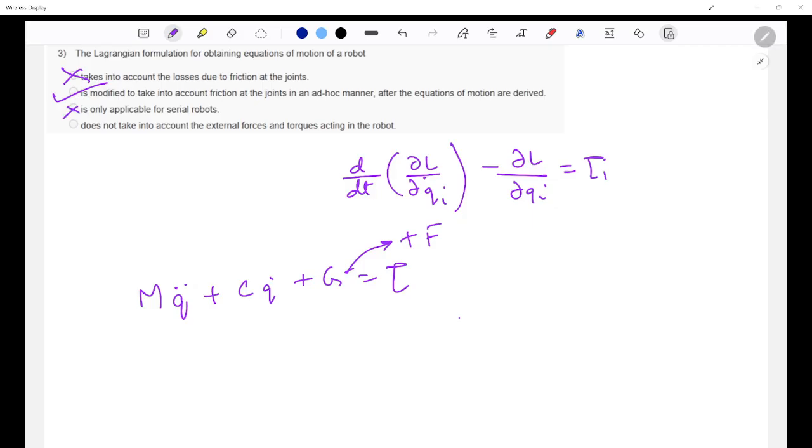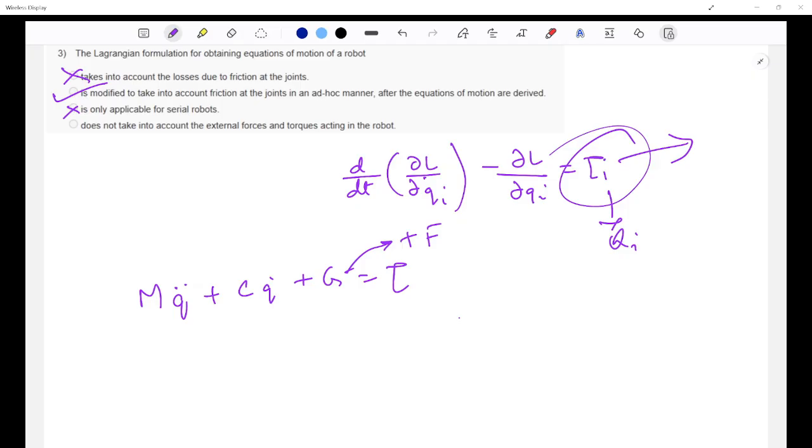The fourth option is it does not take into account the external forces and torques acting on the robot. External forces appear as generalized forces on the right hand side. For robots, this Qi is basically tau i only. So there are external forces which are explicitly included.